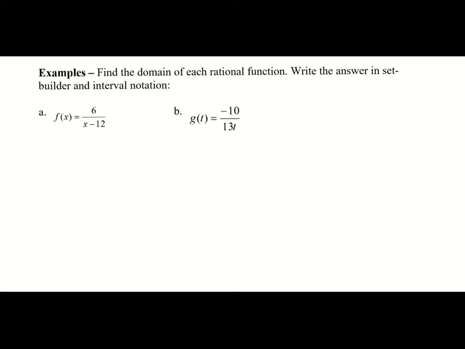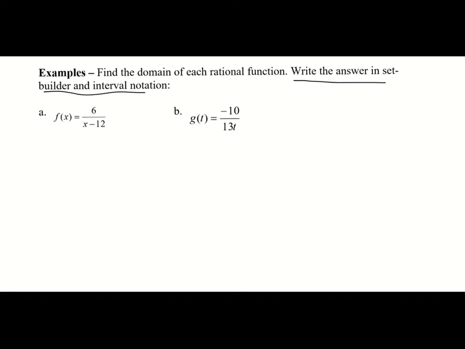That was helping us find our domain. And you probably heard me mention, oh, the domain of this one is all real numbers except these two numbers. So now what we're going to do is we're going to focus on finding our domain, and then we're going to write our answer in set builder and interval notation so we can see what the domain is and write it the way we would in math to kind of describe the domain.